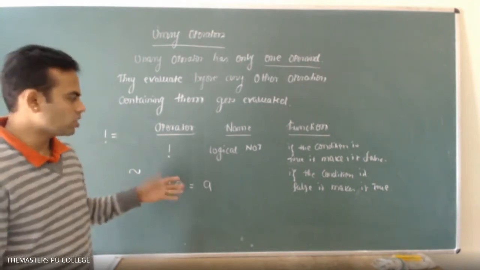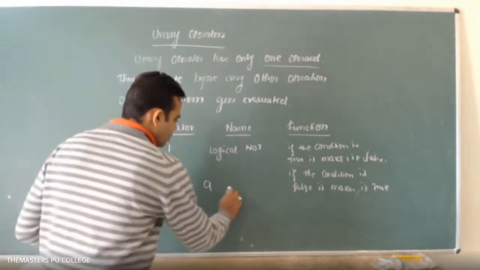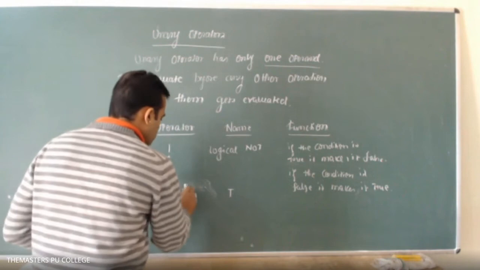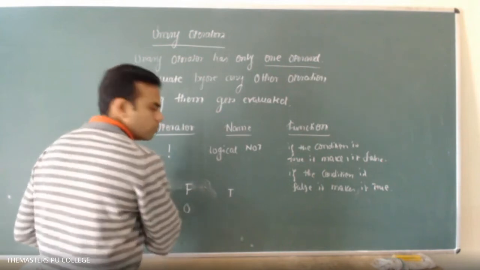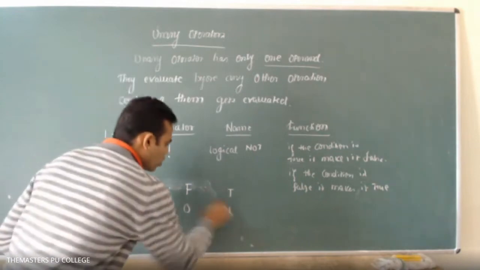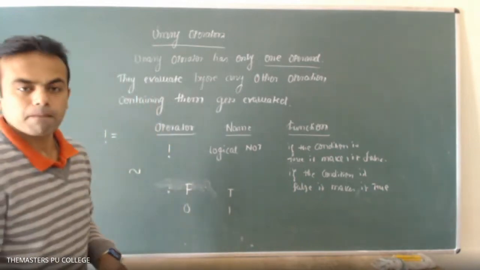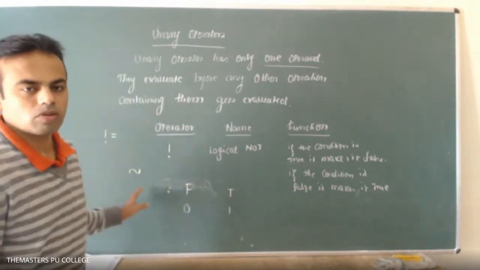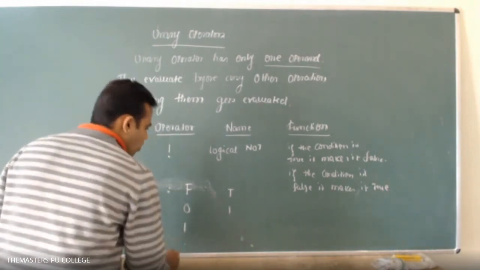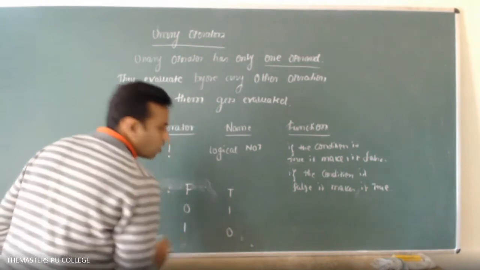Whenever the power is switched off, it will be called false. False indicates 0. Then the UPS or inverter will get turned on. This is a practical application of logical not. And if the power is switched on, then the inverter will be turned off.